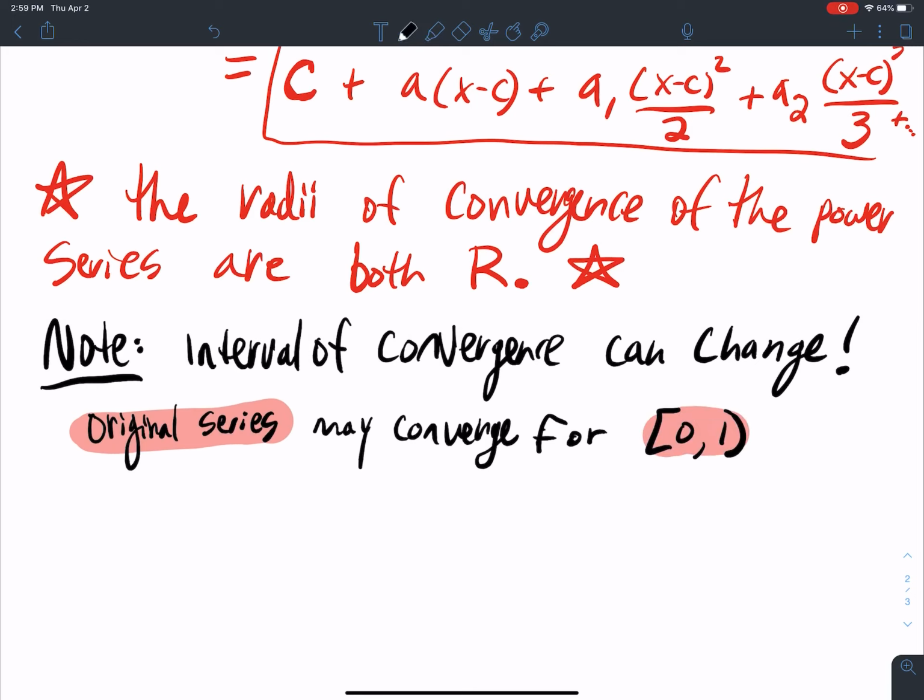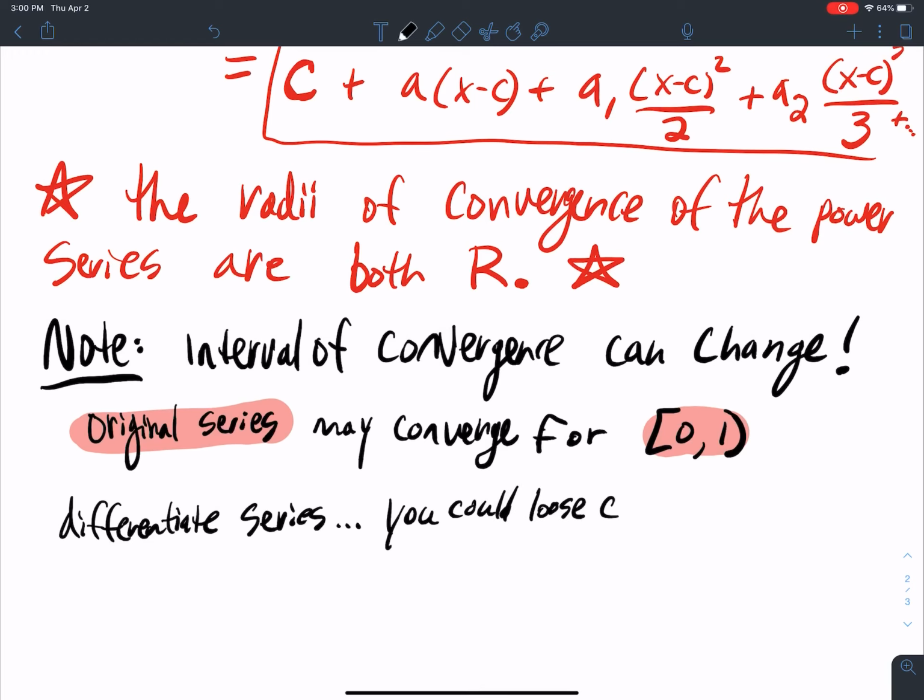So maybe this is the original, okay? But now, maybe you differentiate the series. You could lose convergence at the endpoint.